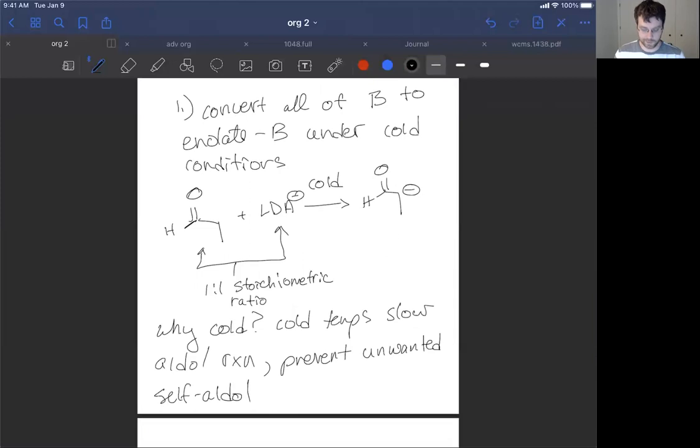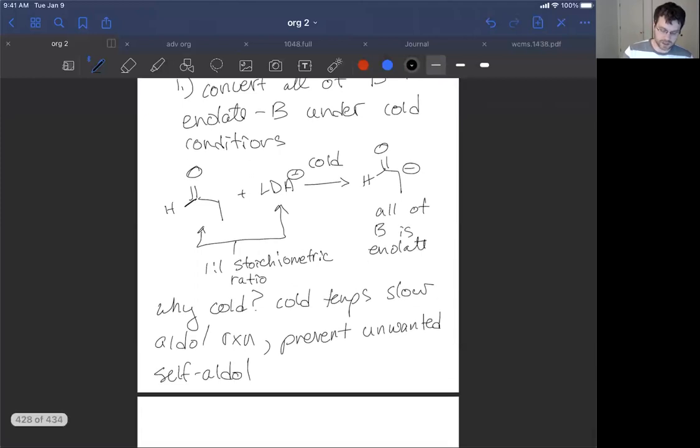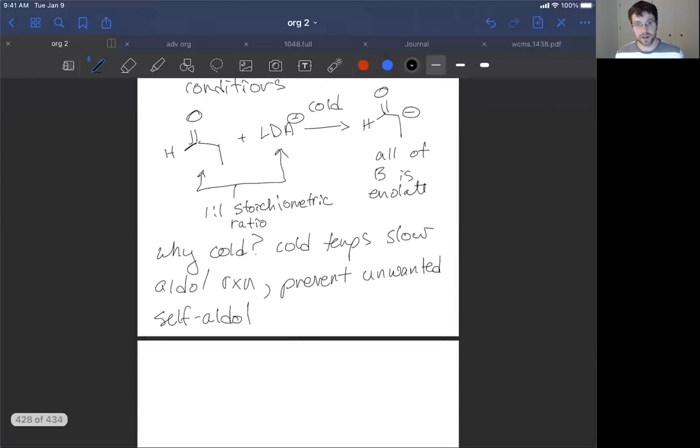Okay, so now all of B is the enolate. That was step 1, convert all of B to the enolate. Once all of B is the enolate, and it's not reacting with any lingering starting material that's waiting around to react with the base, we can move on to step 2.